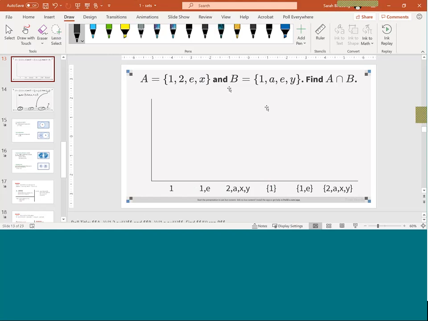All right, so if we're looking at the same two sets, A is still 1, 2, X, B is still 1, A, Y, no worries there. If you wanted to find the intersection, what are the possibilities here that we can easily exclude? Just like last time, we had a couple of options that you could easily cross off.